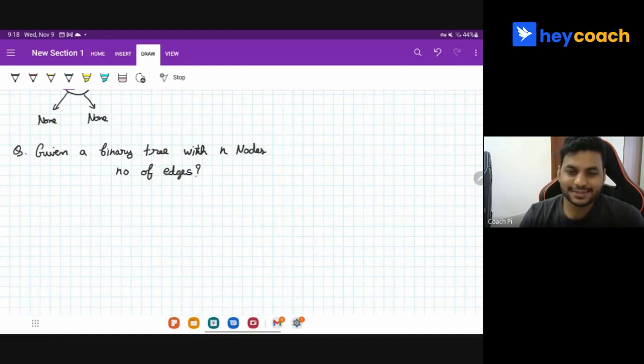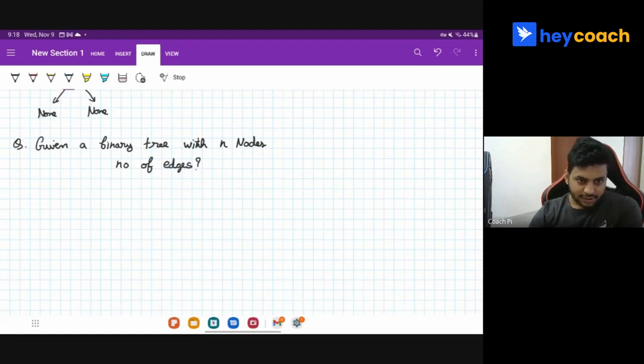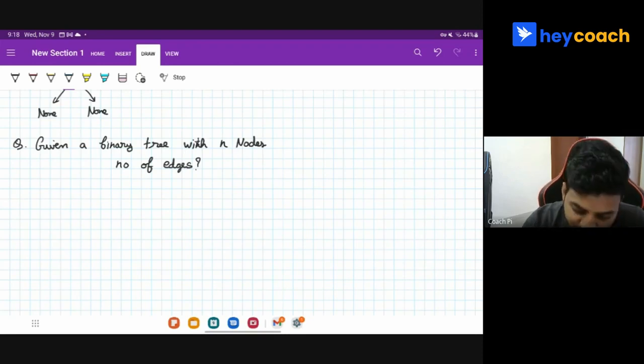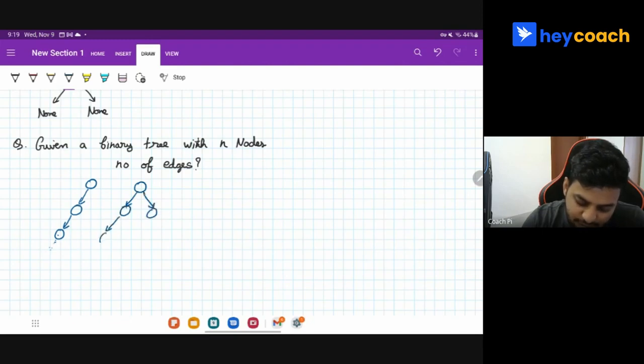So let's think of this question at a very high level. In this question, it is not specified what the structure of the tree could be, right? Given n nodes, the tree can be of this manner, only one child node, or the tree can be of this manner, where every parent has two children or none, right?